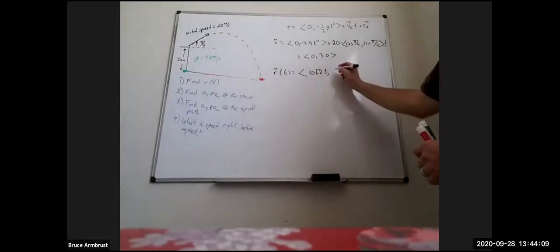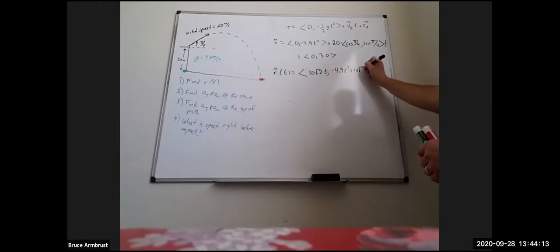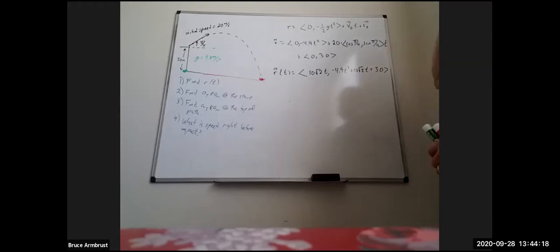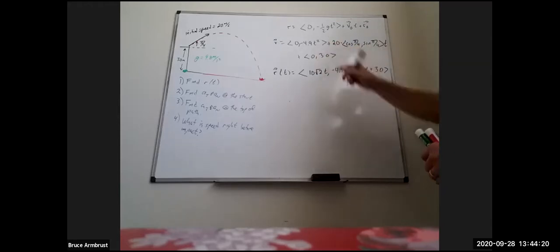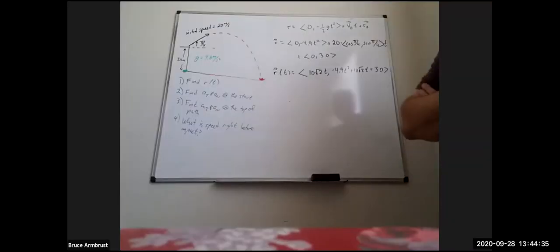And then the y component is going to be minus 4.9 t squared plus 10 root 2 t plus 30. So same deal, I'm just adding the respective pieces together. Yep, that's all I did, because I know with vectors, I just add component by component.